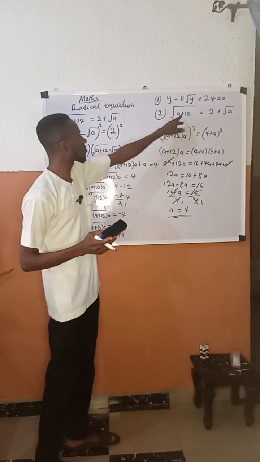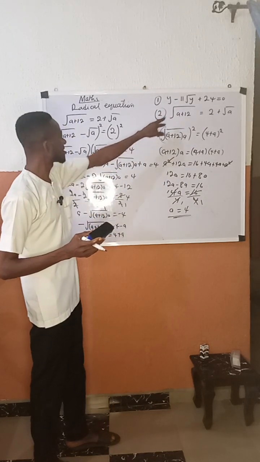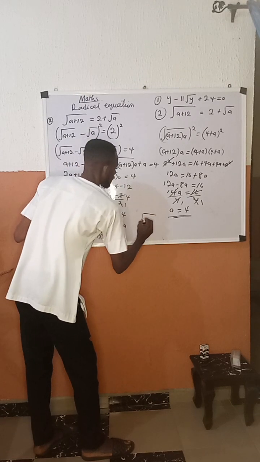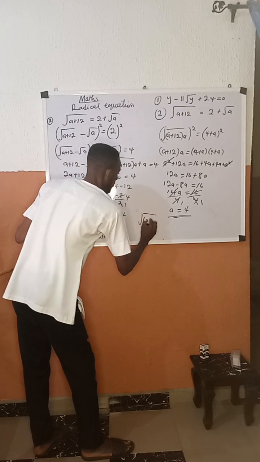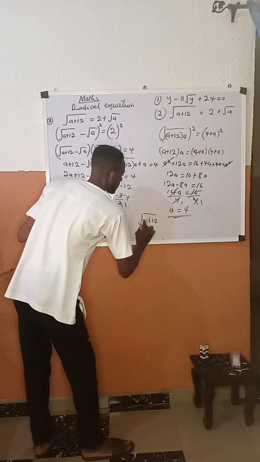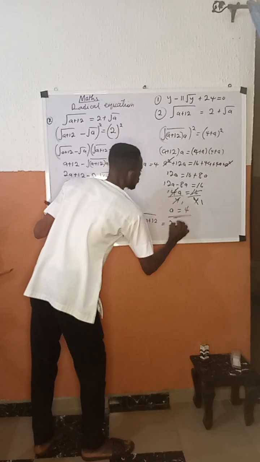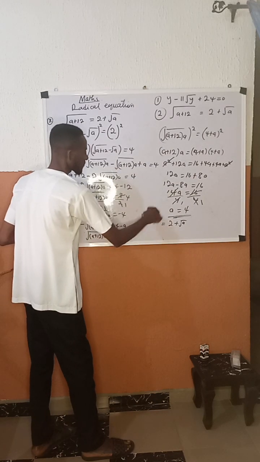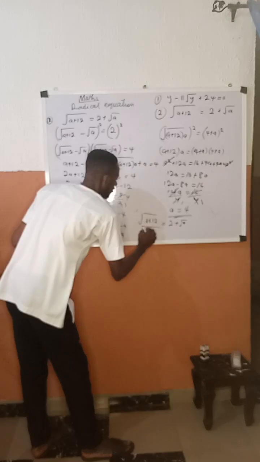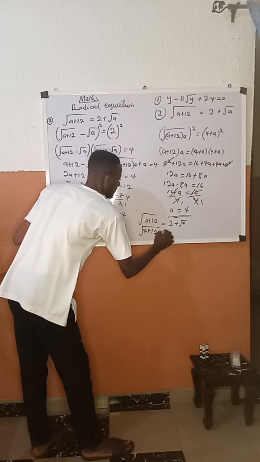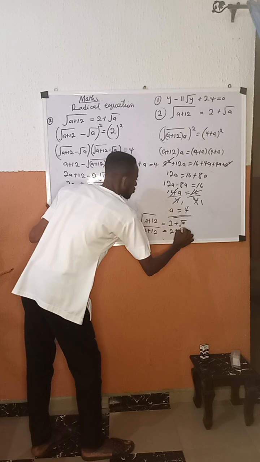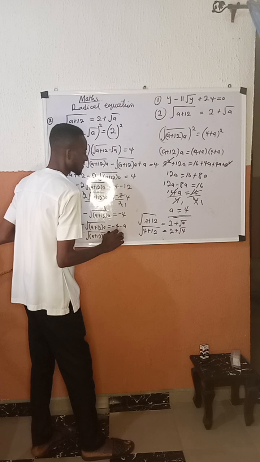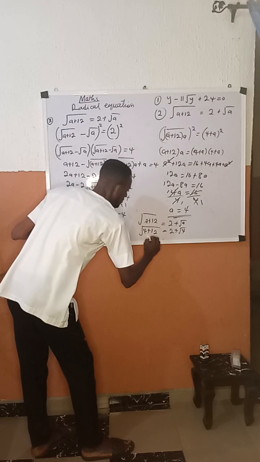And of course, you can easily come here to run a check. Running a check here means that you have root of A plus 12 equals 2 plus root A. Now we have got that the value of A is 4, so it becomes root of 4 plus 12 equals 2 plus root of 4. 4 plus 12 is 16, and root of 16 is 4.